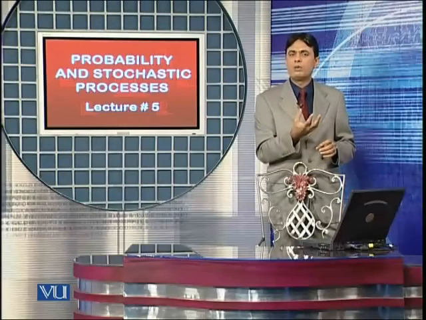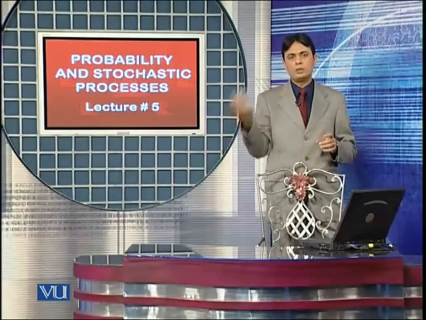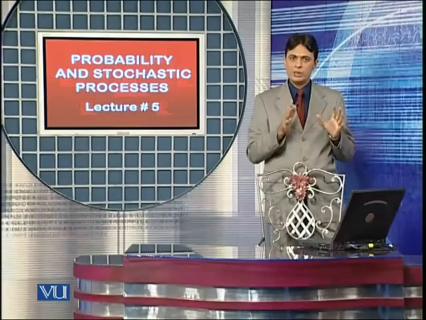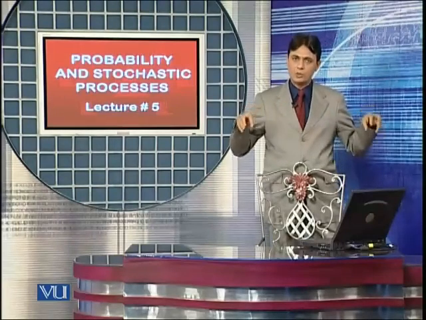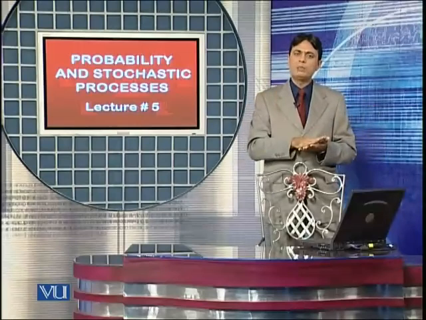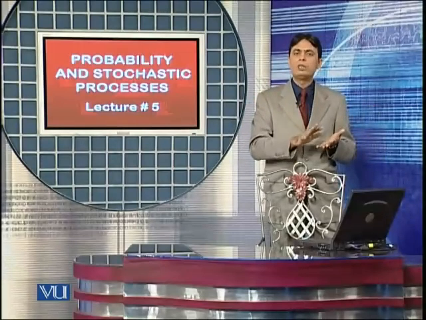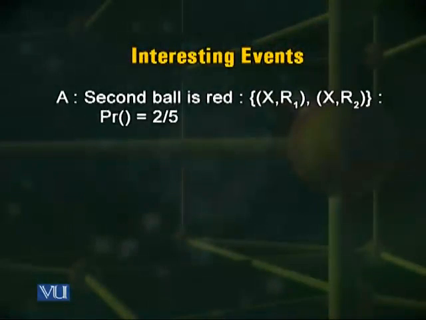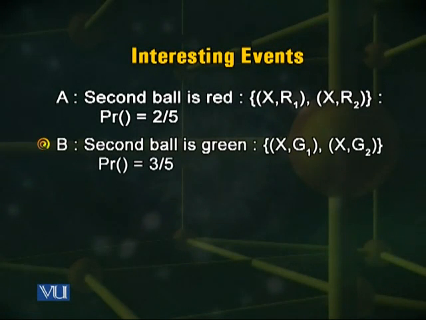This kind of pair of observation is not possible if you had thrown away G1. So assuming that the experiment was either a joint experiment or a cascaded experiment with replacement and all 25 entries are equally likely, the probability that the second ball is red is 2/5 and the second ball being green has a probability of 3/5. You can confirm that by counting the number of places out of the total 25 where this event has an outcome belonging to it.